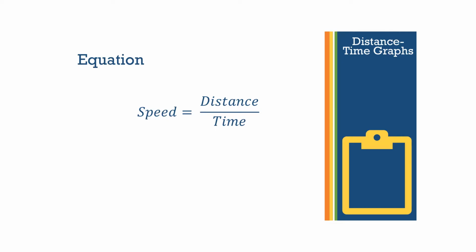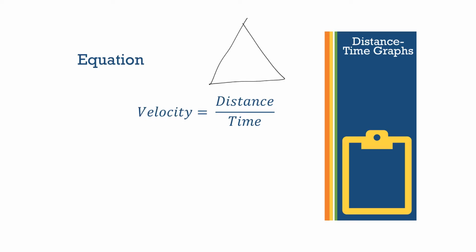So if we quickly familiarise ourselves with the equation: speed equals distance divided by time. Distance units are generally given in meters, time generally in seconds, and speed in meters per second. Some people like the idea of triangles.